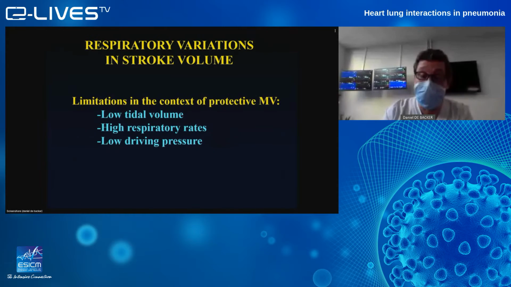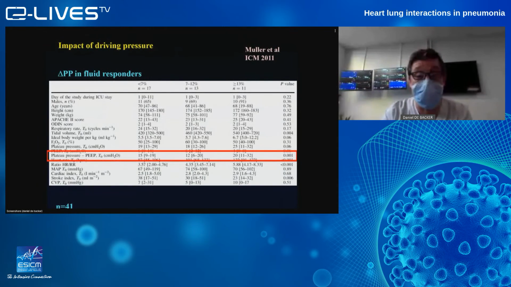Low driving pressures are also a factor playing a role, and these are some data from some French investigators showing that indeed, when the driving pressure was low, we did not have a very good identification of fluid responders. However, when the driving pressure was quite high, above 20, which is really quite uncommon, fortunately, then, of course, we can predict much better the response to fluids.